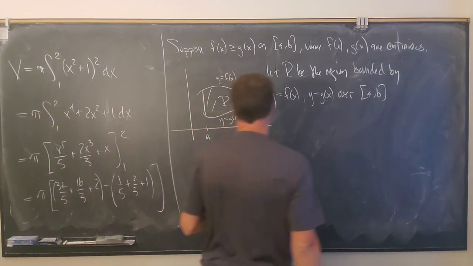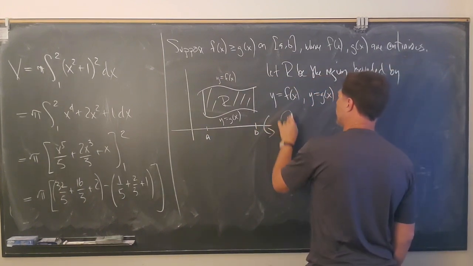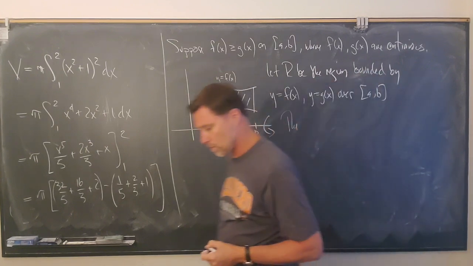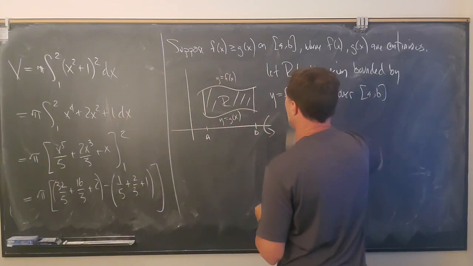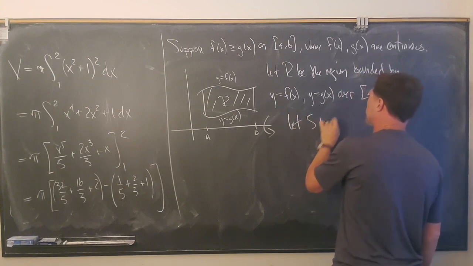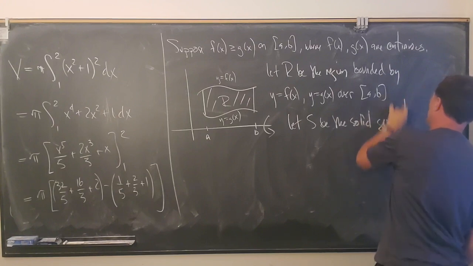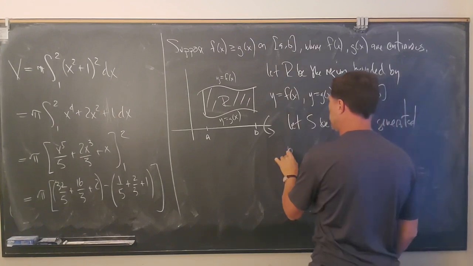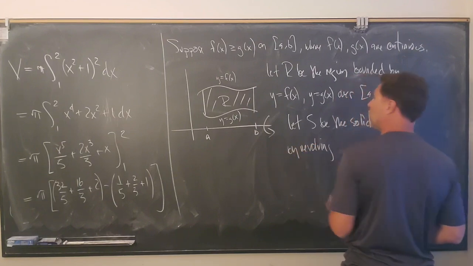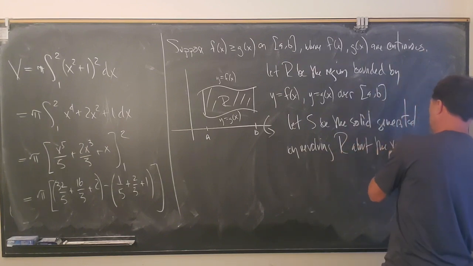And now what I'd like to do is take that region and revolve it around the x-axis. So let me draw the picture. Okay, so let's let S be the solid generated by revolving R about the x-axis.